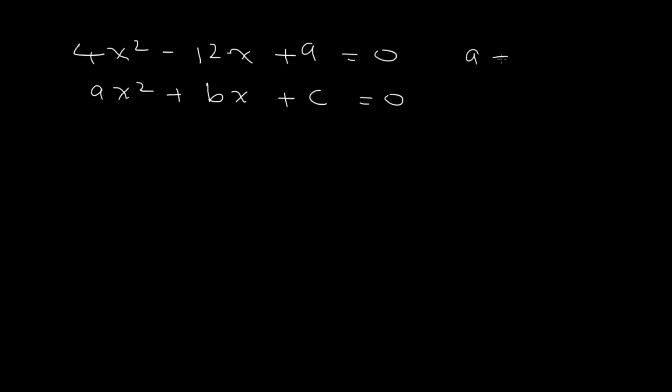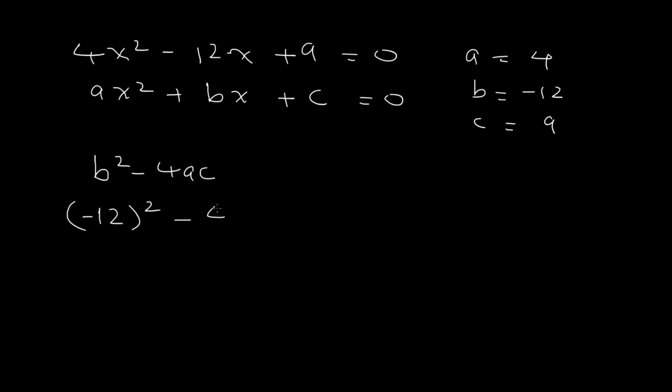And we can say A is equal to what? A is equal to 4, B is equal to minus 12, and C is equal to what? C is equal to 9, right? So we go into our b squared minus 4ac again, right? So this is minus 12 squared minus 4. A we said is 4. C we said is 9, right?